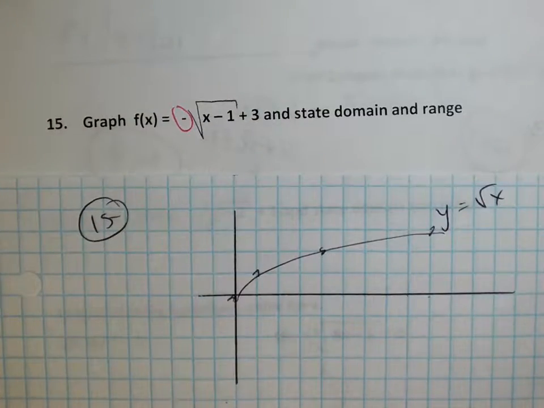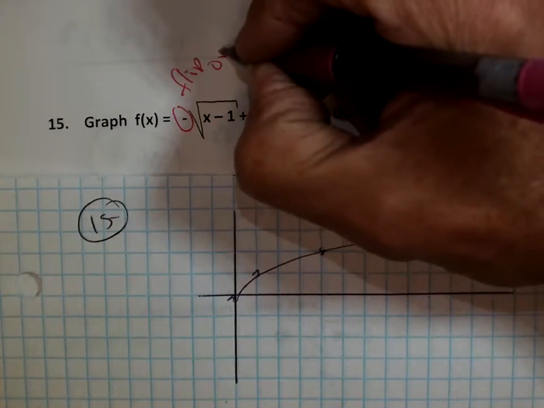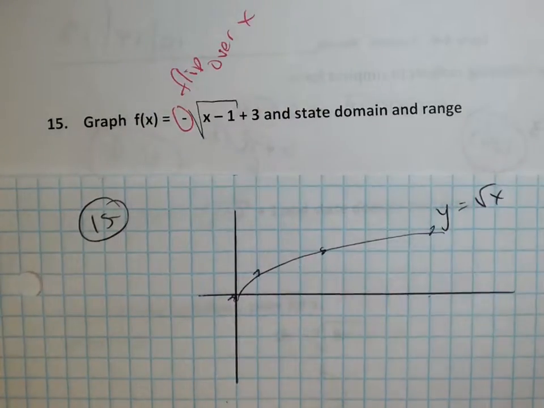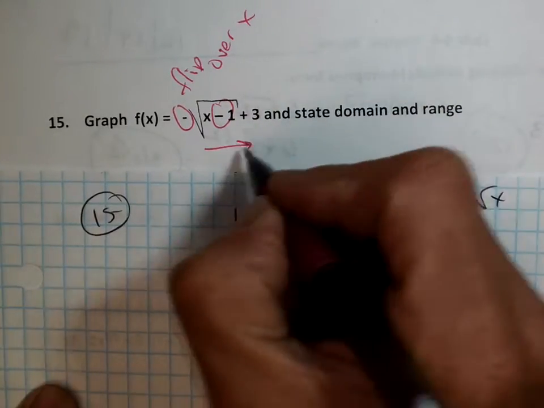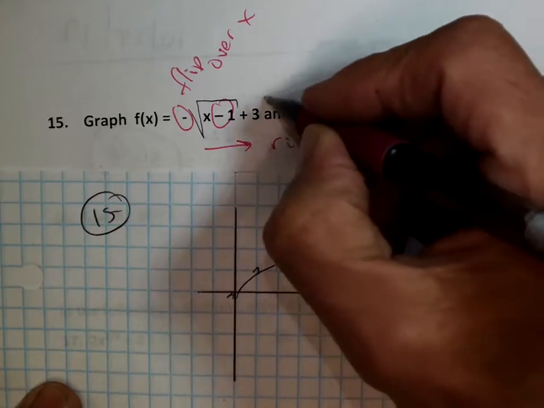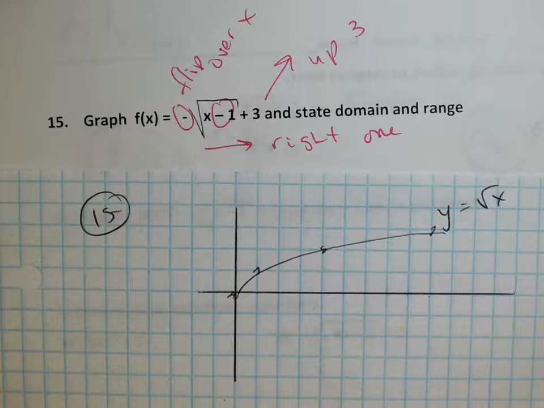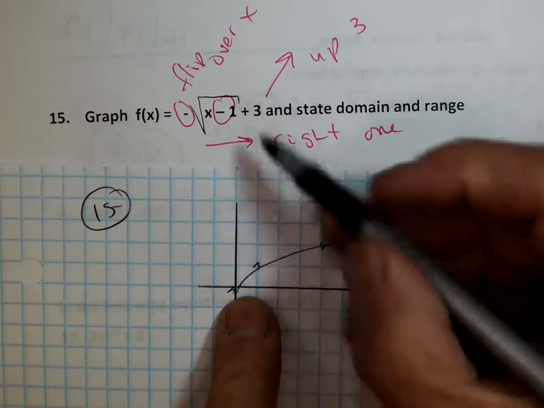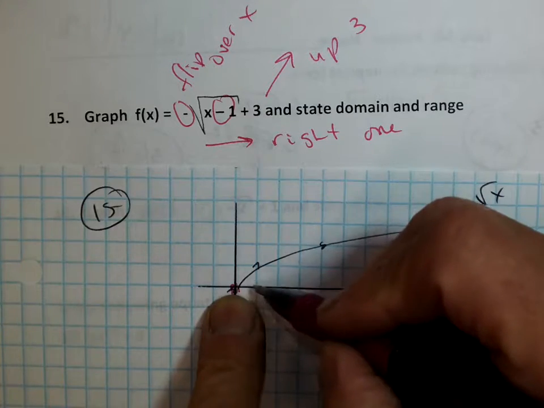We're going to flip over the x-axis. We're also going to move it to the right 1. And then we're going to go up 3. So let's see what happens. So I'm going to take, first of all, and move the end point to here. 1, 3.